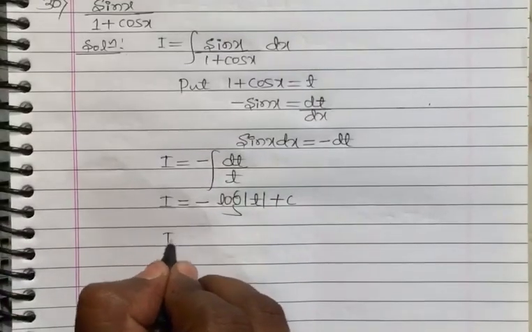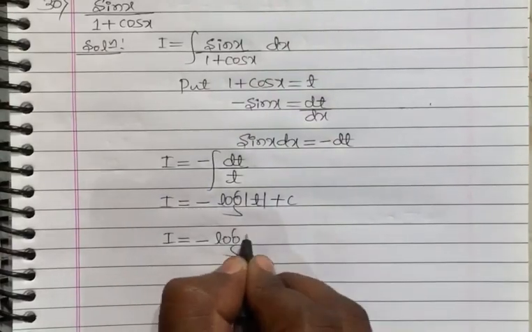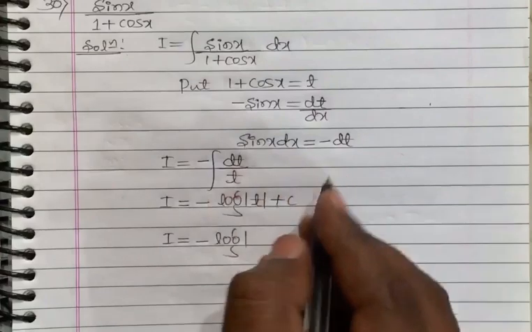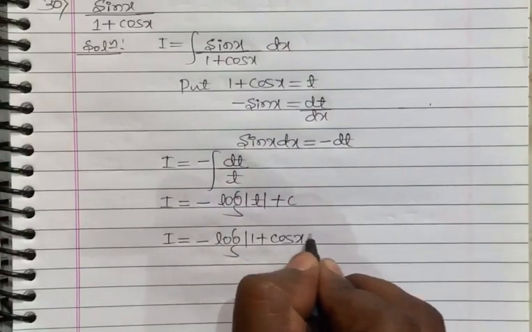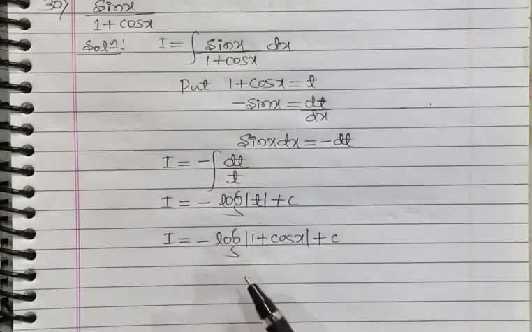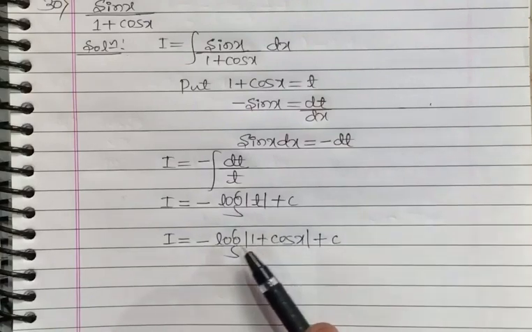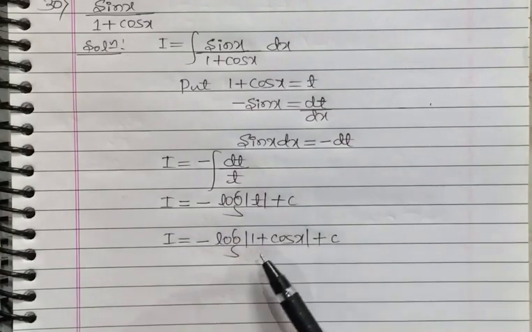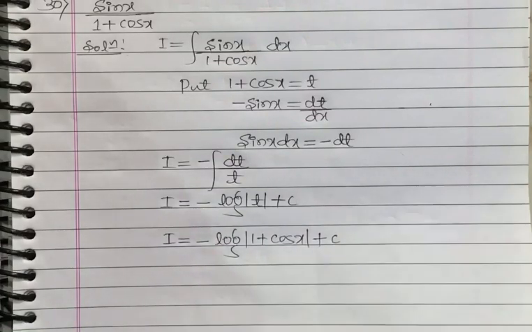So I equals minus log mod, what is t here? It is 1 plus cos x, plus c. So you can simplify this further. If you remove this minus sign, here we have to take up the reciprocal. It becomes log mod 1 divided by 1 plus cos x plus c. So this is all about the 30th problem.